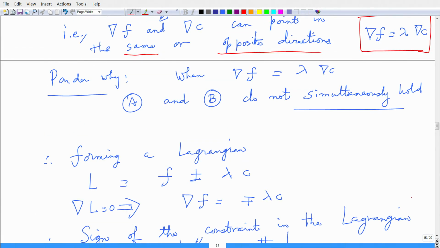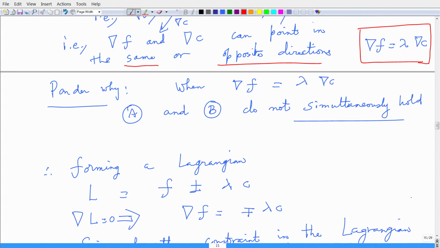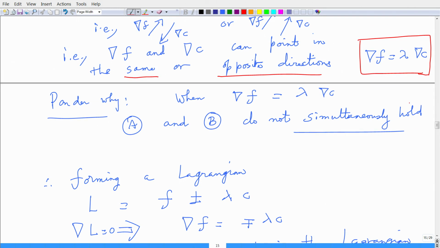Why is this an important result? When del F equals lambda del C, equation A and inequality B do not simultaneously hold.